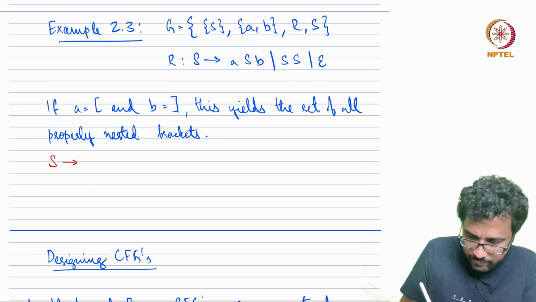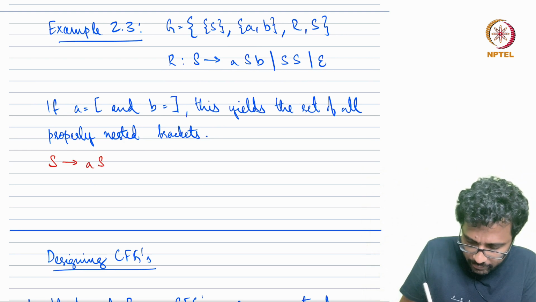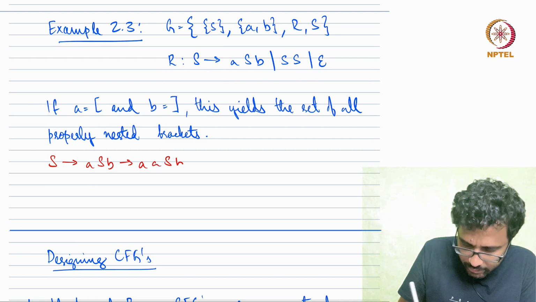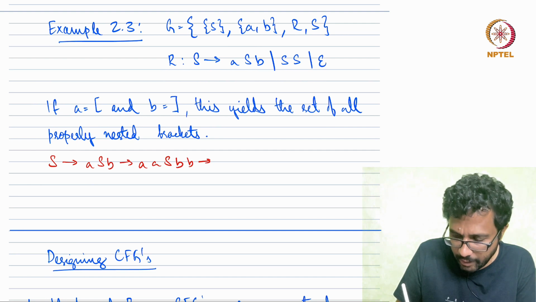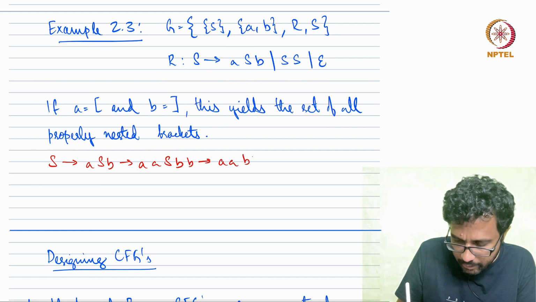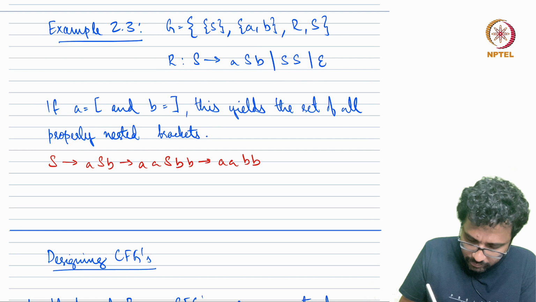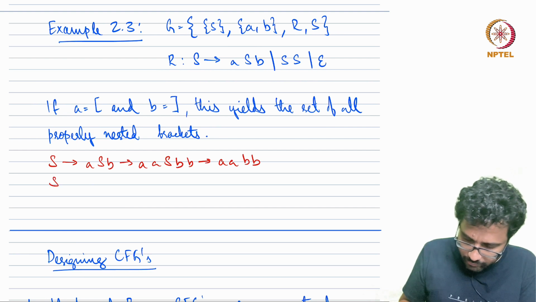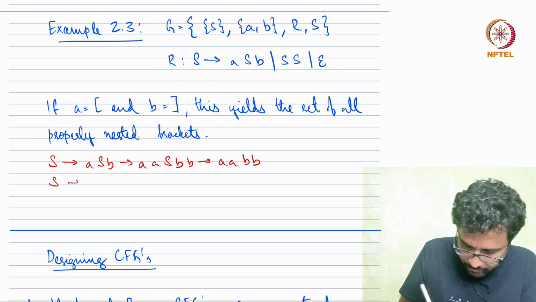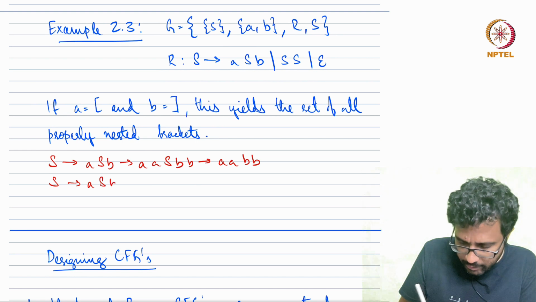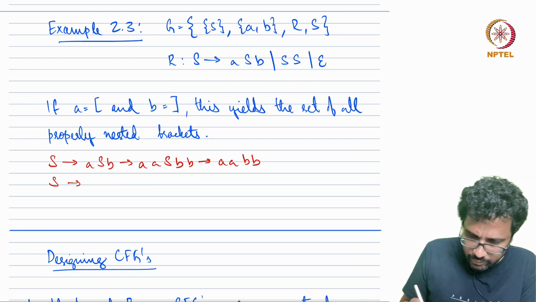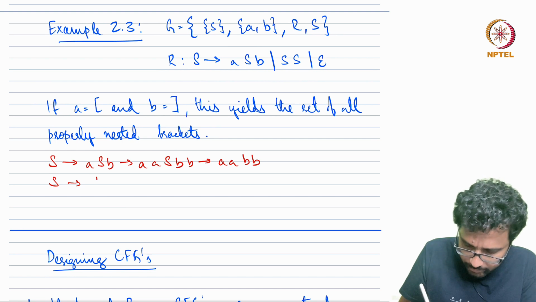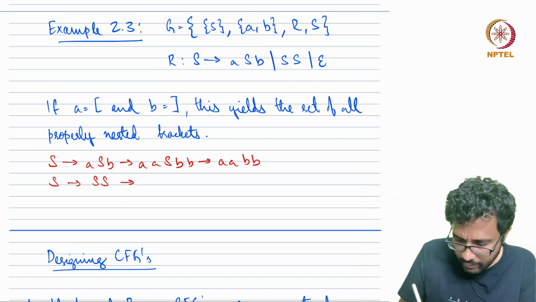So let us see some situations. S gives aSb, again S gives aSb. Let's say S gives empty string, so you get aabb. Now let me use another starting rule, S gives SS.